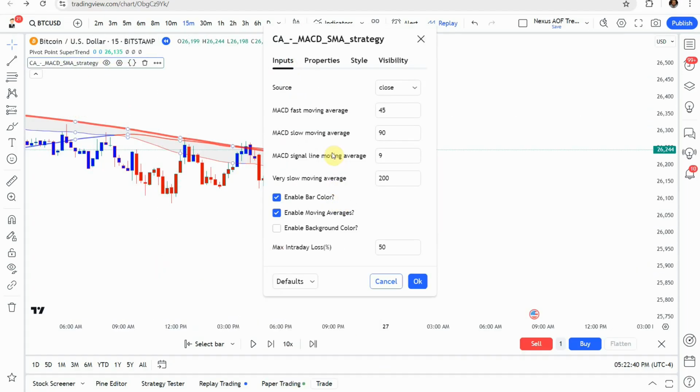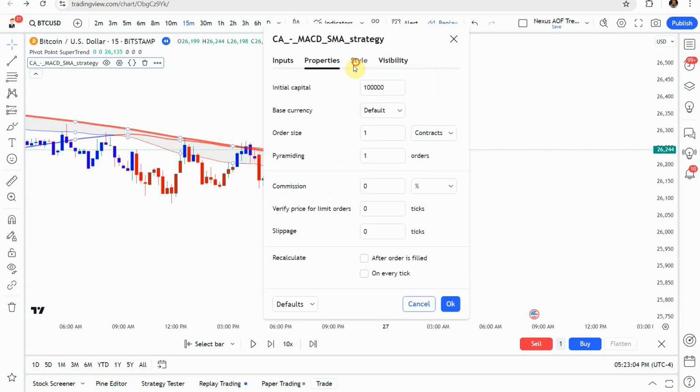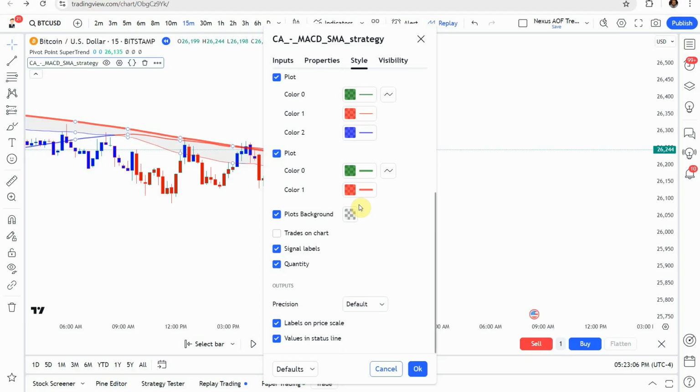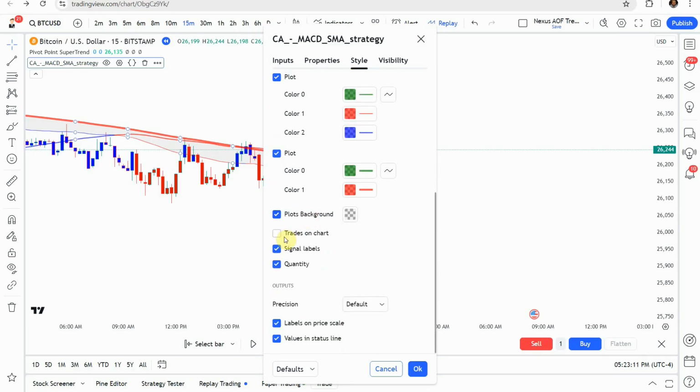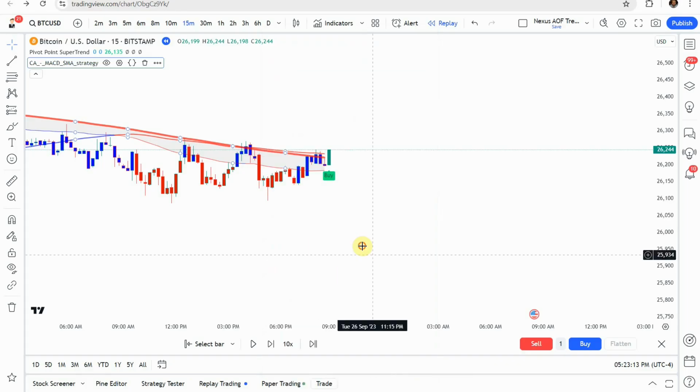And what we'll do is the MACD fast moving average, you're going to change to 45, and the MACD slow moving average, you'll change that to 90, and then make sure that the other two selections are 9 and 200. Let's see, double check that these are the only two selections checked here, and under the styles you can uncheck the background color and the trades on chart right here, and then click OK.